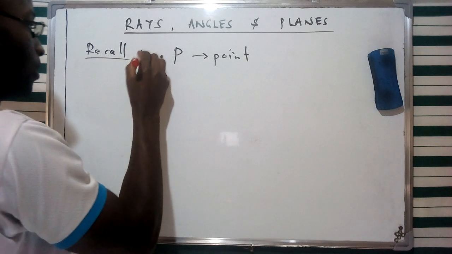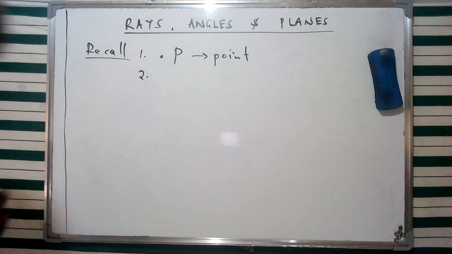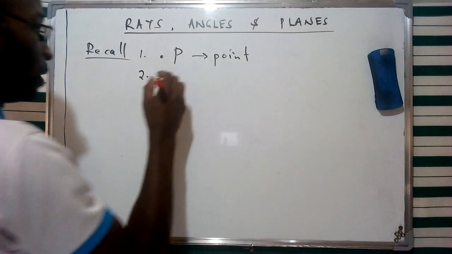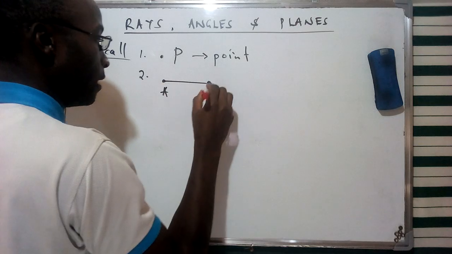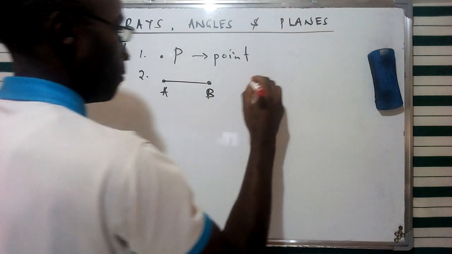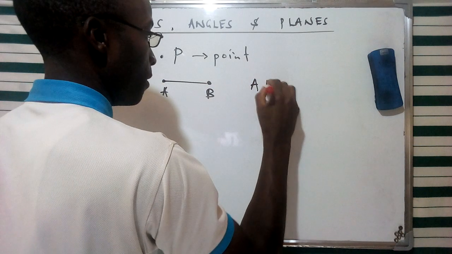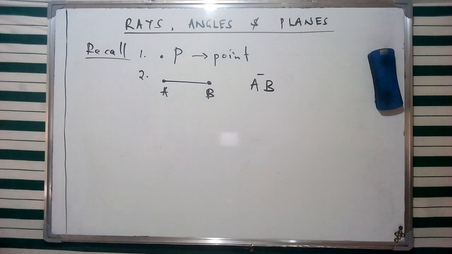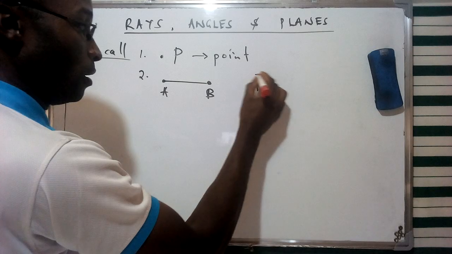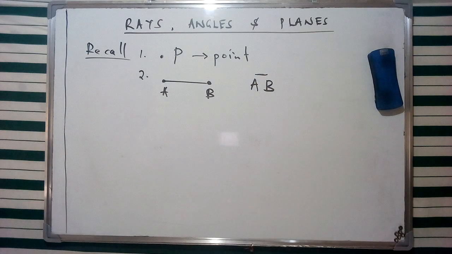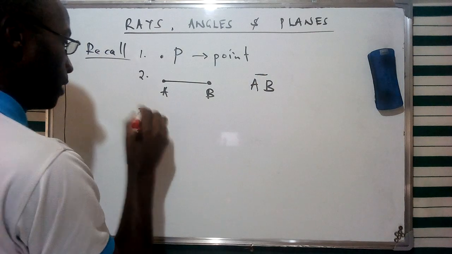And then secondly, we can describe what we refer to as a segment, which is the description between two endpoints given as A and B. We gave a notation for a line segment using AB with a bar over it. And then lastly, we talked about the concept of a line.